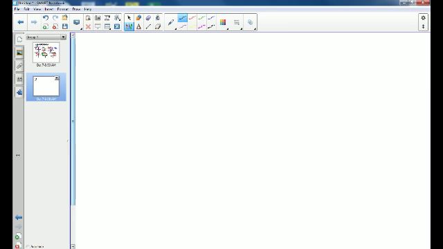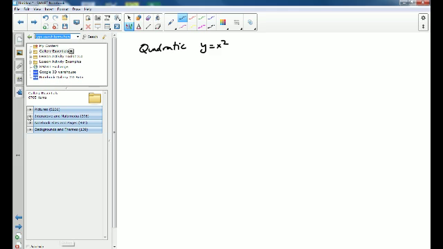So the parent function for y equals x squared, and I'm going to get more precise here now.